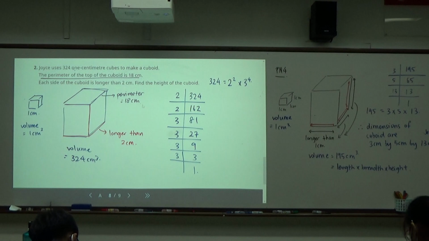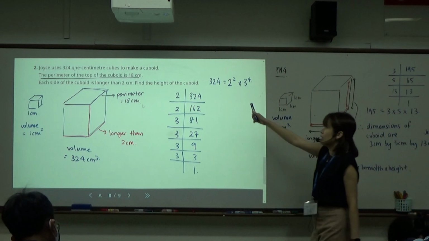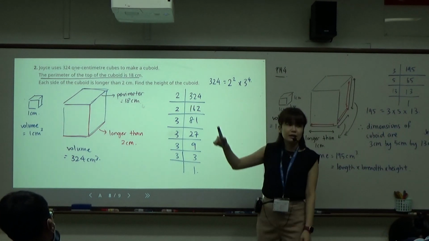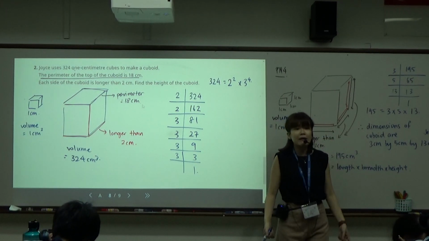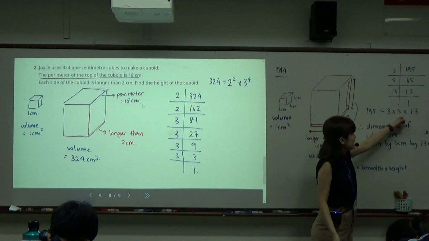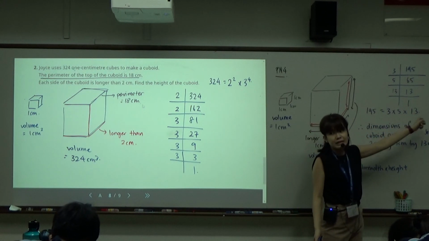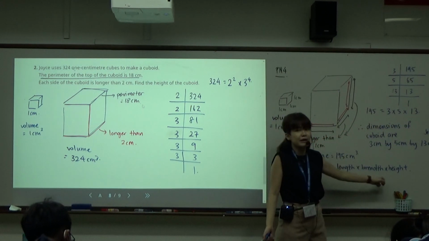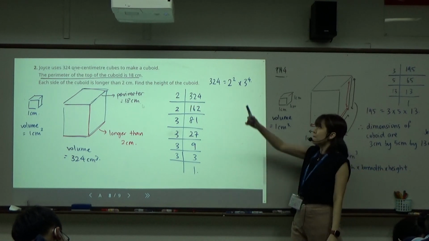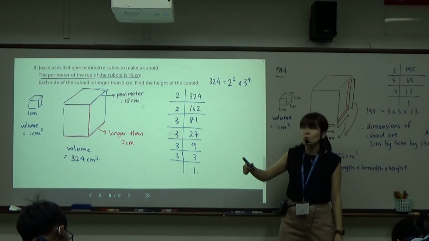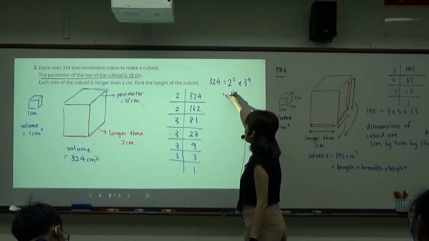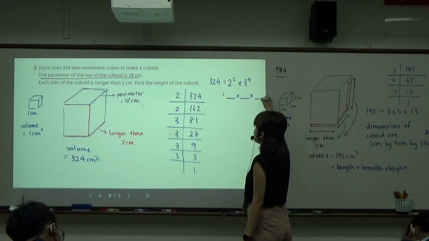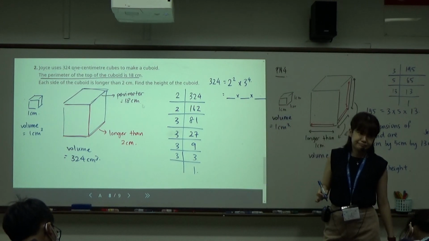So now that we have it in this form, the problem here is that this number is not as neat as our 195. For 195, I can distinctly see 3 different numbers that can form my length, breadth, and height. But the problem over here is that I have 2 squared times 3 to the power 4, and I need to identify 3 different numbers for my length, breadth, and height.